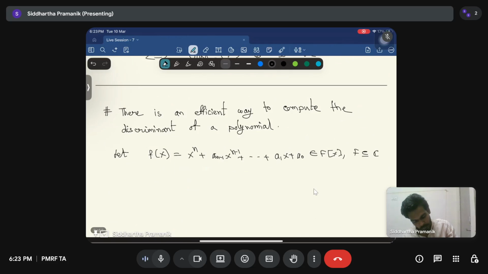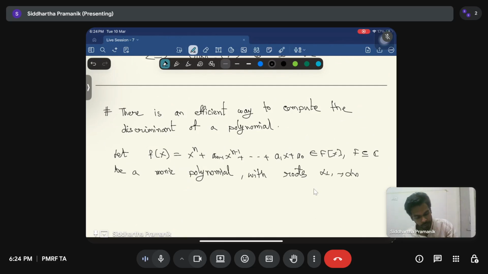So let f be a monic polynomial with roots, let's say alpha 1 up to alpha n, because it's of degree n, so it has n roots.